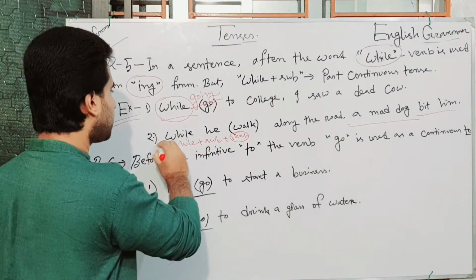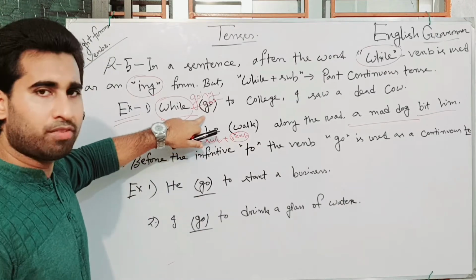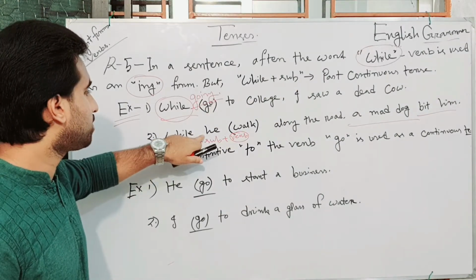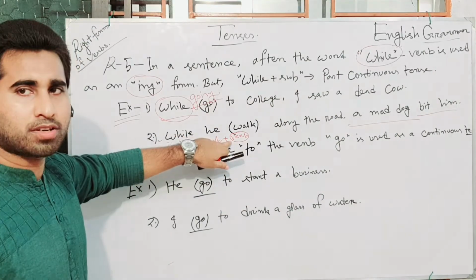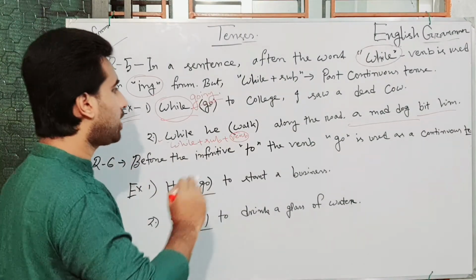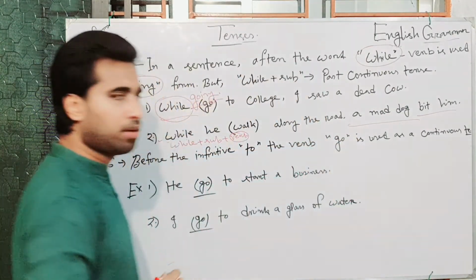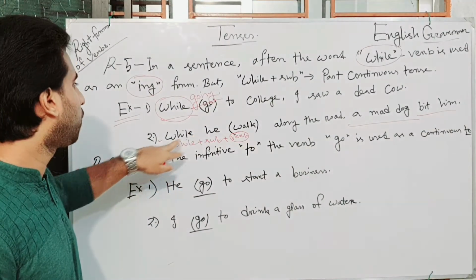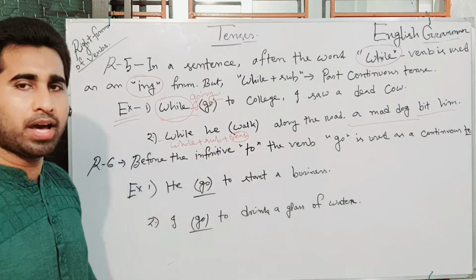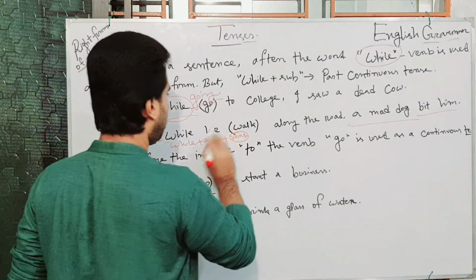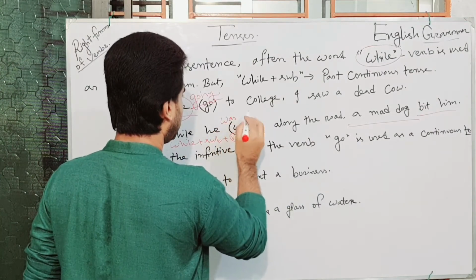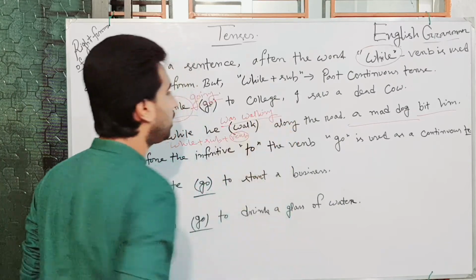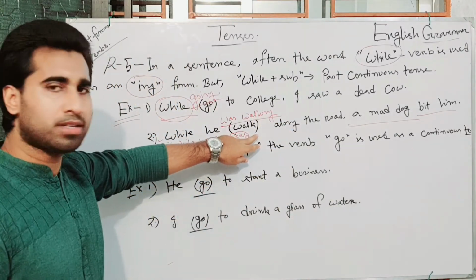So while plus verb is while plus the ing form of the verb, and while plus subject plus verb is the past continuous tense. While he (walk) along the road, a mad dog bit him. As it is recognized as the past continuous tense, so: while he was walking along the road, a mad dog bit him.